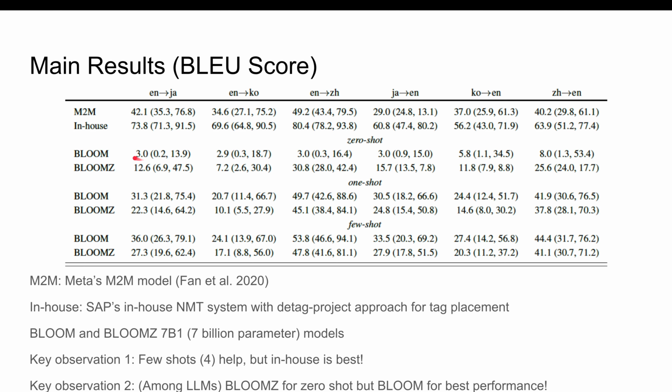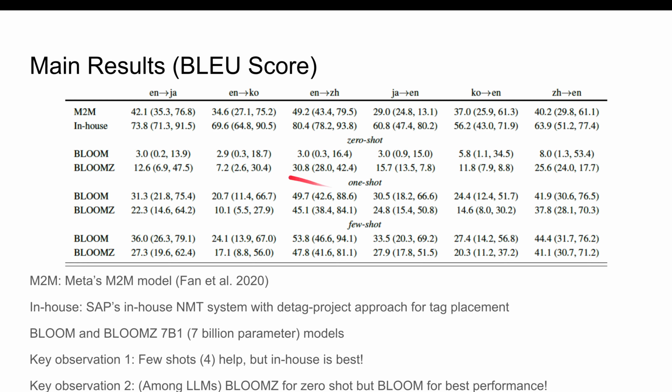Just a note on the score format over here. For English to Japanese, 3.0 indicates the raw score, 0.2 indicates the lex score, and 13.9 indicates the tag score. The BLOOMZ model in a zero shot setting performs better than the BLOOM model, obviously because BLOOMZ has been instruction fine-tuned.